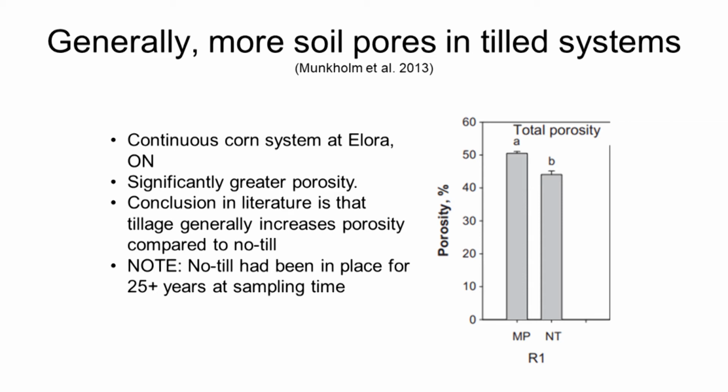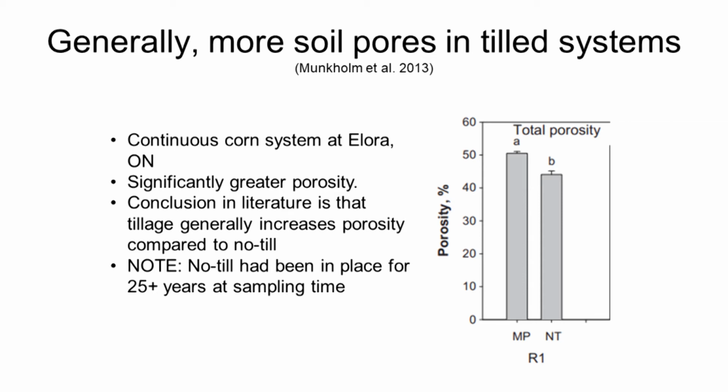That's a different question. But there is definitely a statistically significant difference in porosity between moldboard plow and no-till after 25 years in continuous corn. This is Professor Dean's study, but it has been repeated in many other places, and it's basically the same conclusion that, in general, total porosity is going to be reduced in minimum till or no-till systems compared to more aggressive tillage management.